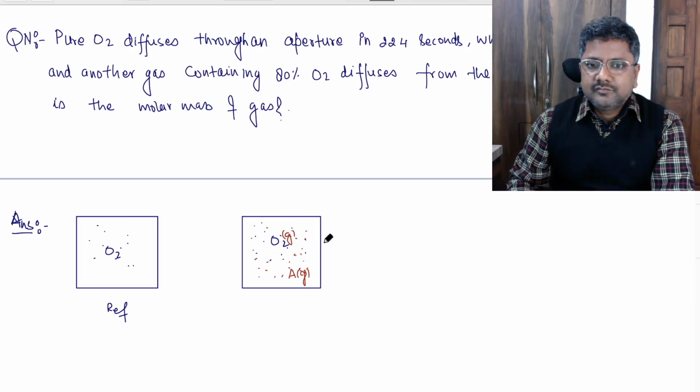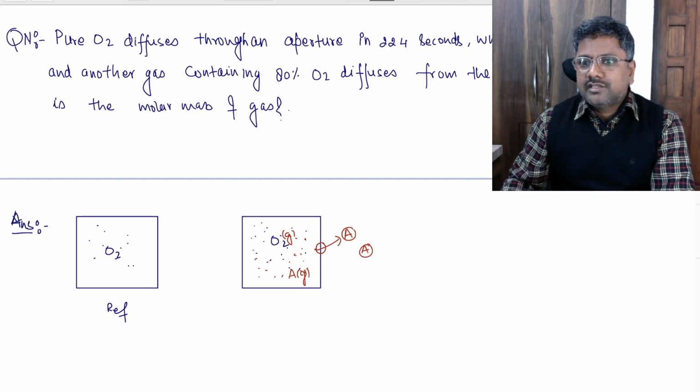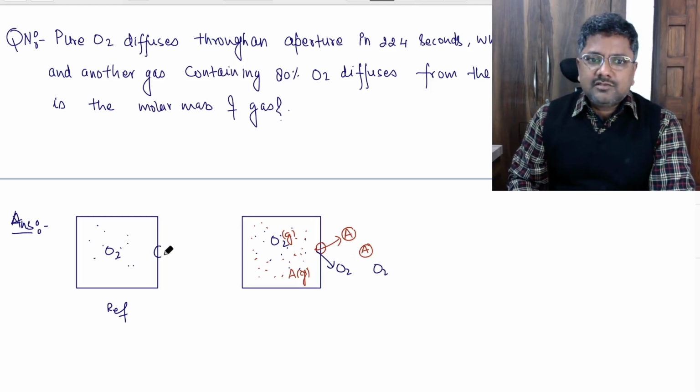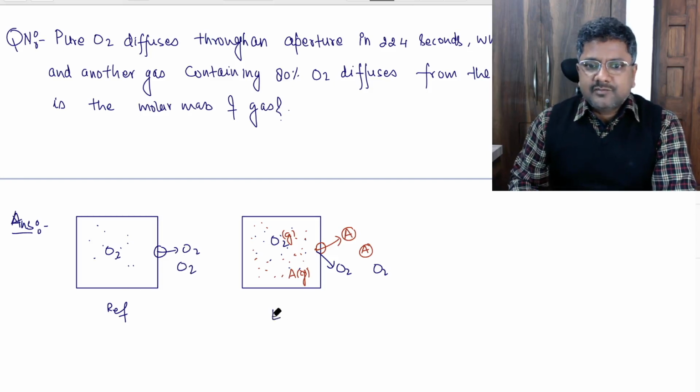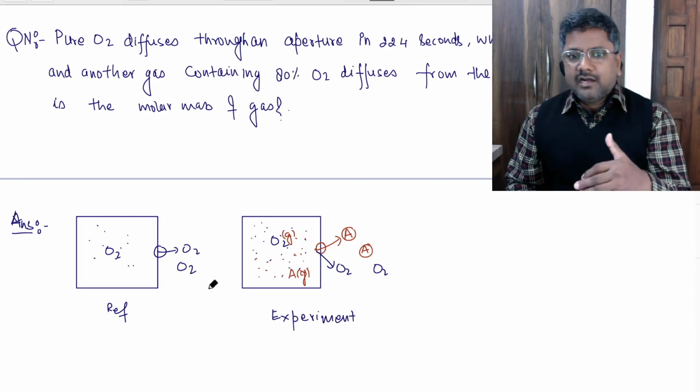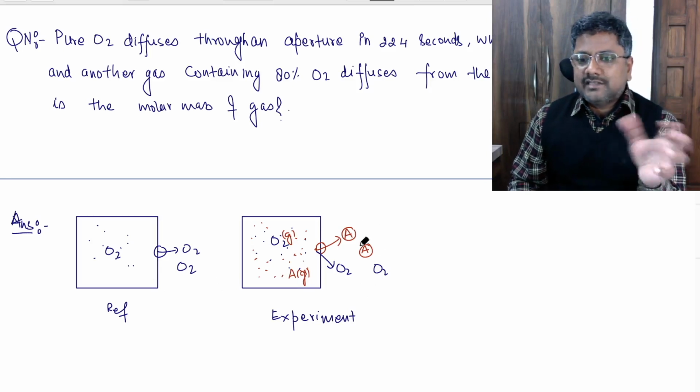So when this is open, oxygen and A gas, both will come out. Molecules of oxygen as well as A will come out, right? And here only oxygen will come out. So this is reference and this is experiment, basically. Here O2 is coming out only, and here O2 and some other gas A is coming out.